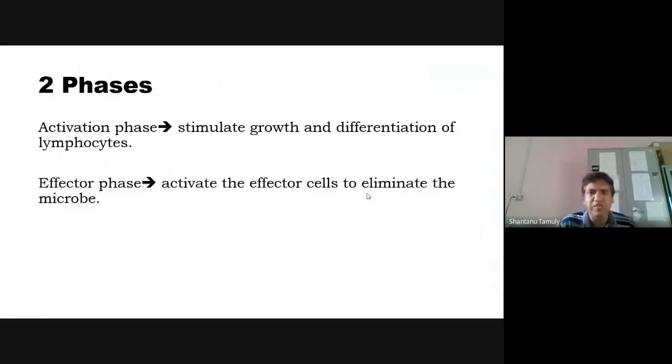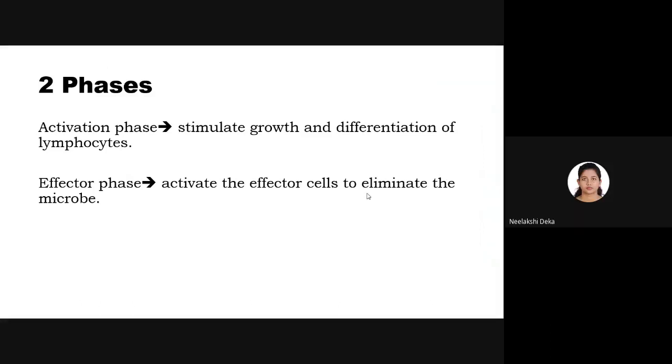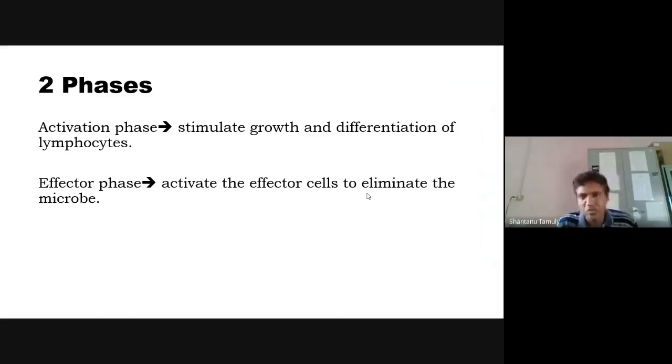One is the activation phase, which stimulates the growth and differentiation of the lymphocyte, and the effector phase, which activates the effector cells to eliminate the microbes. How will it eliminate the microbe? It will engulf the microbe, or it will release some cytotoxic cytokines that will kill the microbe.